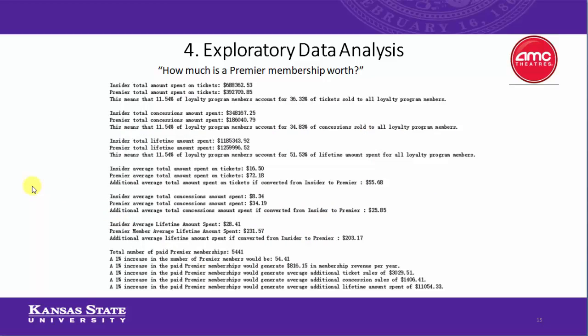Next, we need to calculate how much a Premier membership is worth. It shows that Insider total amount spent on tickets is $688,362.